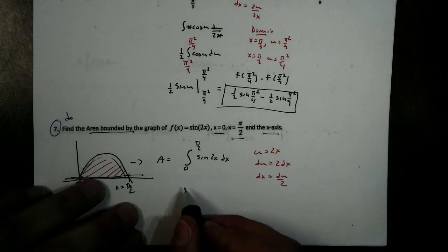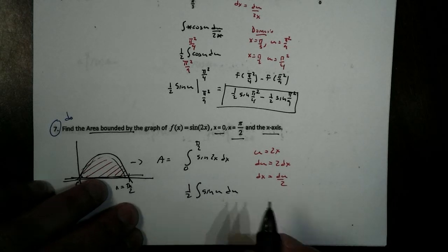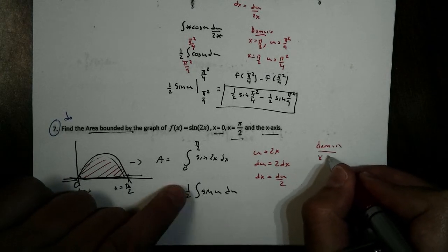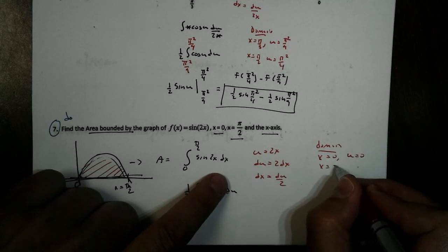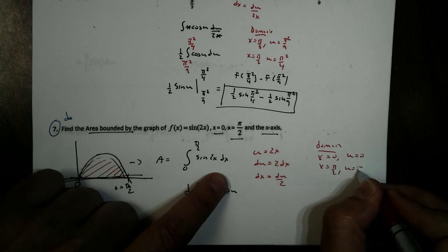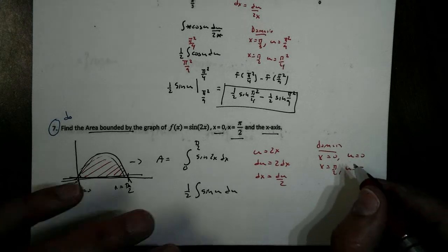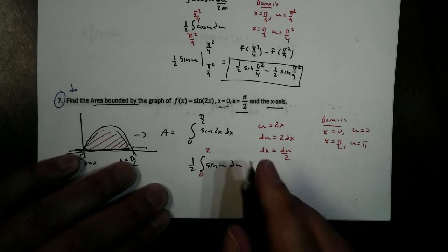Writing this all out, we would get 1/2 sine u du, and I'm going to go ahead and change my domain here. So when x is 0, u is 0. When x is pi over 2, u is just pi. So I plug those in, 0 to pi, and now I can integrate.